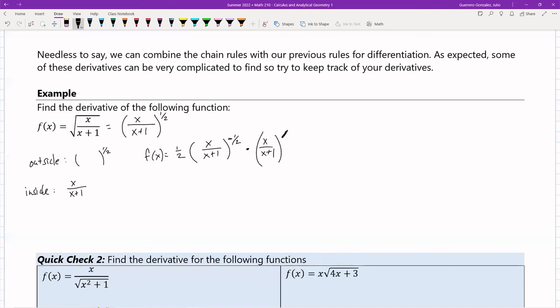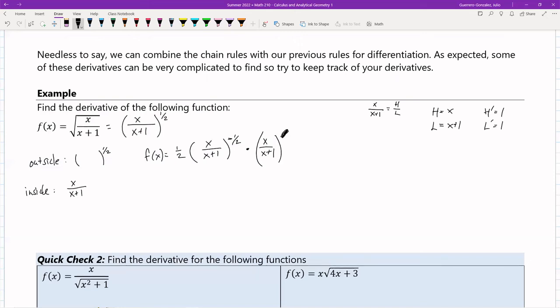According to the chain rule, we now need to take the derivative of this. This is what I mean by you do the rule that you need as you hit it. In doing the chain rule, a quotient rule pops up, so I now need to do this quotient rule on the side. If I have x over x plus 1, this is my high, this is my low. My high is x, my low is x plus 1, my high prime is 1, my low prime is 1.